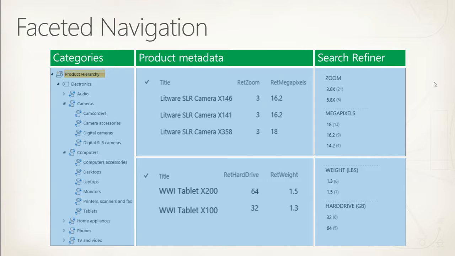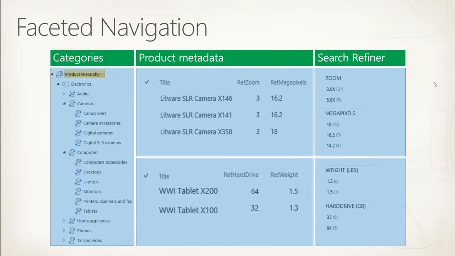So it's really a lot of different categories, and it's a hierarchy. In the middle, you see examples of my product metadata. I have cameras, where I have zoom and megapixels. And for tablet category, I have hard drive and weight. These are examples of metadata I have in my product catalog.